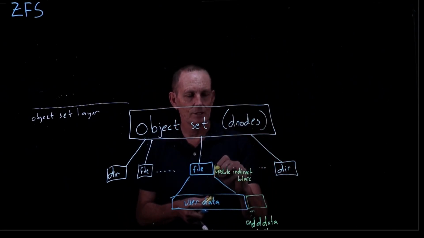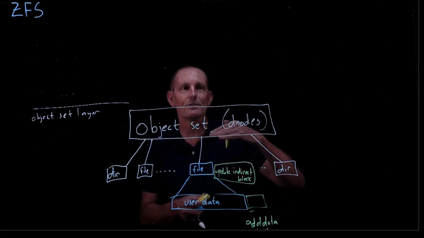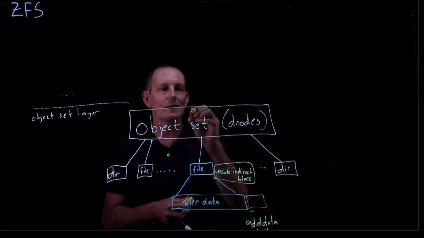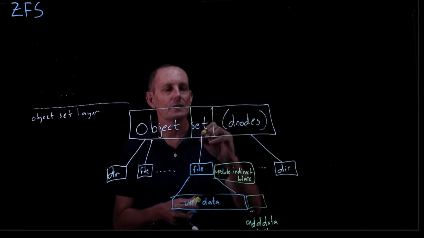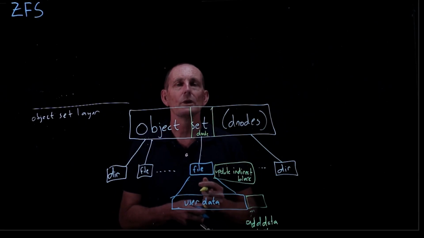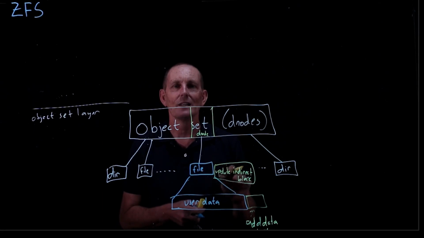Okay. So let's say there's an indirect block here. The checksum of that indirect block is now going to change. So that's going to require any parent indirect blocks to change all the way up to the dnode, which is going to change. The dnode's checksum is going to change because the contents of the indirect block has changed.